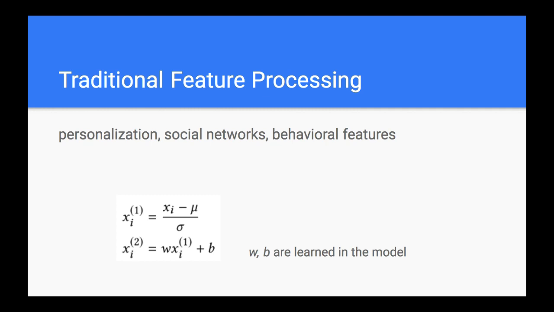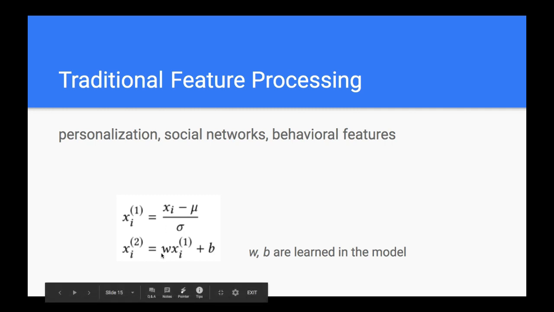Then you do some handcrafted features to extract certain properties of the network, and you also have the behavioral features of users. Those are handcrafted features, but you cannot just feed them in because they have different scales and distributions. Then the first step is to use the mean and the standard deviation to do some normalization work, but that's not enough.